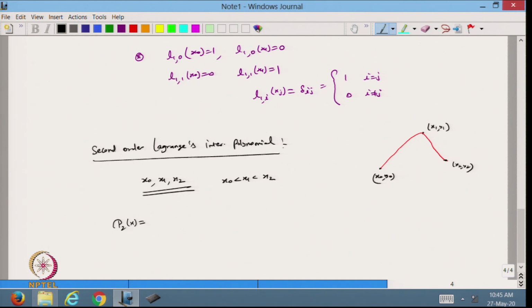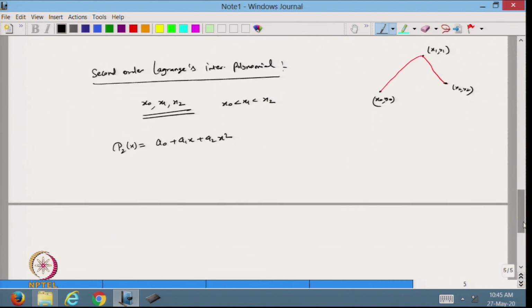So, in the form of p2(x), I can start with a0 plus a1x plus a2x square, and then I am defining the properties of this one. So, p2 at x0 is a0 plus a1 x0 plus a2 x0 square, and that is equal to y0.